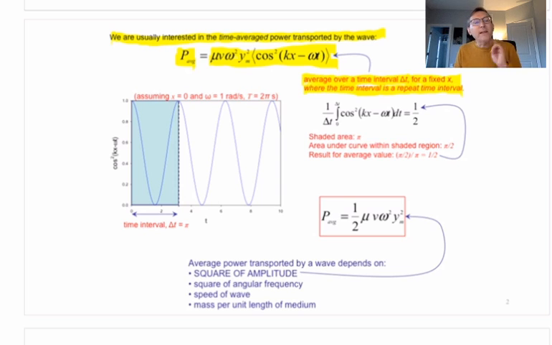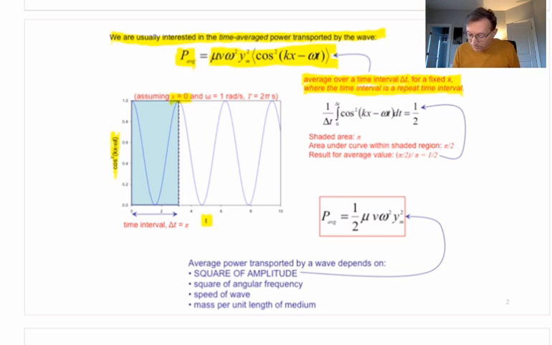Let me show you what I mean in this plot. What I did is I took cosine squared of kx minus omega t and plotted that on the y-axis, t on the x-axis. To make the graph, I did a couple of things. I just substituted x equals 0. I said you just pick an x, any x, you'll get the same answer no matter what. So I picked x equals 0. Why not?